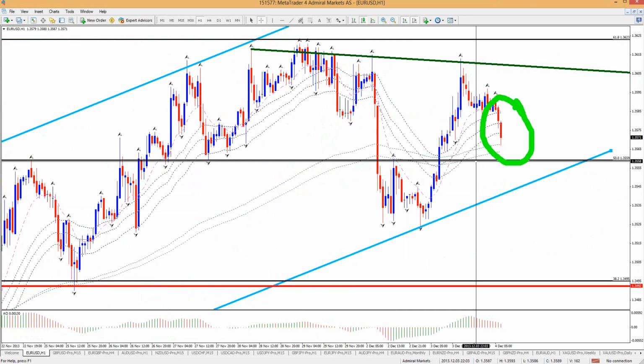Euro dollar does not make the same spikes, in my opinion, as the pound dollar. So I think it's a bit more reliable currency to trade, let's say, in the first few hours of the European trading session, whereas the pound dollar is always a bit tougher to read because of its volatile ups and downs.